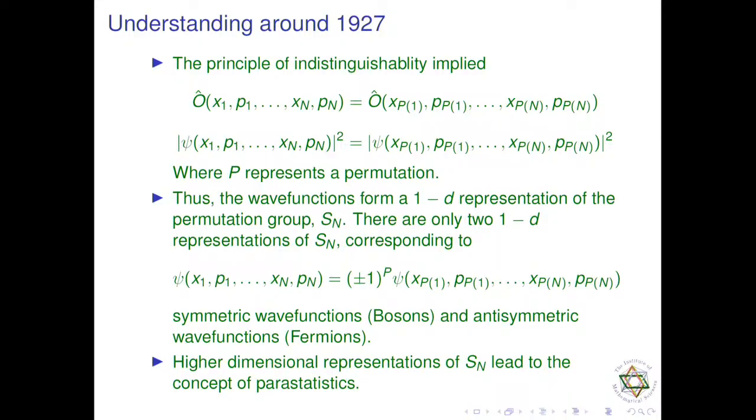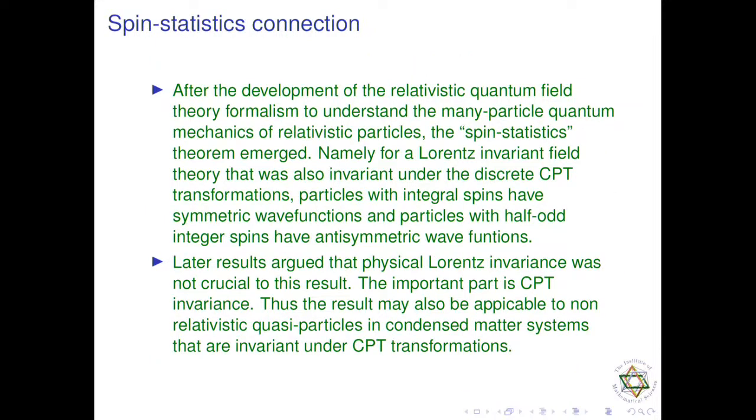So I guess maybe London's work came just after this. Well, 1930, I think. Then after quantum field theory came about, there is the spin-statistics theorem, which showed that half odd integral spins are fermions and integral spins are bosons.